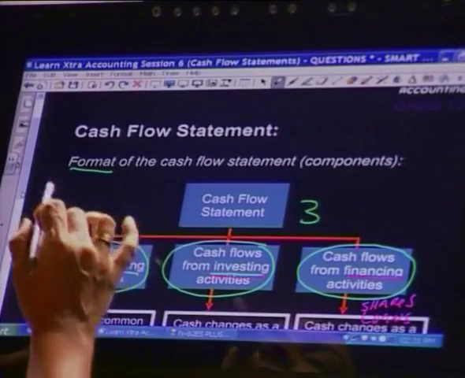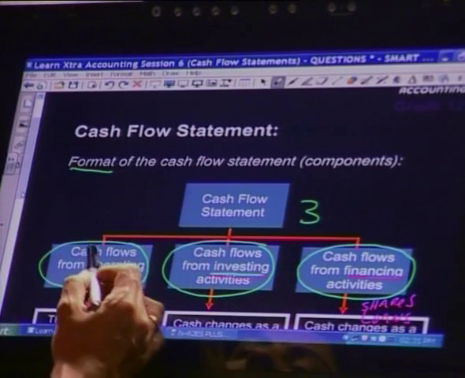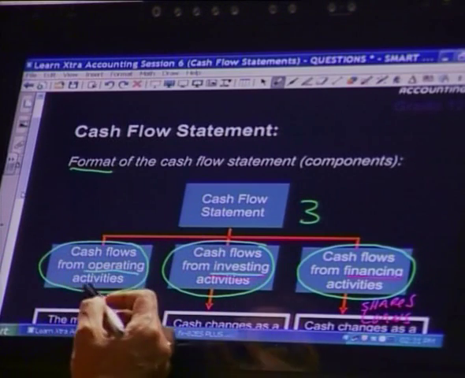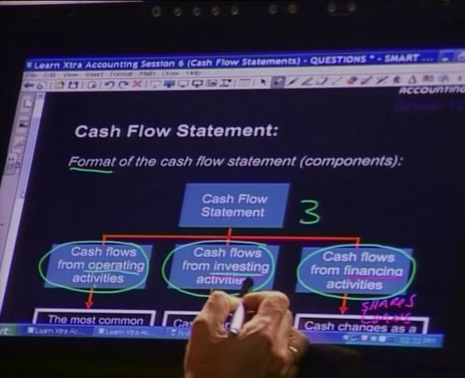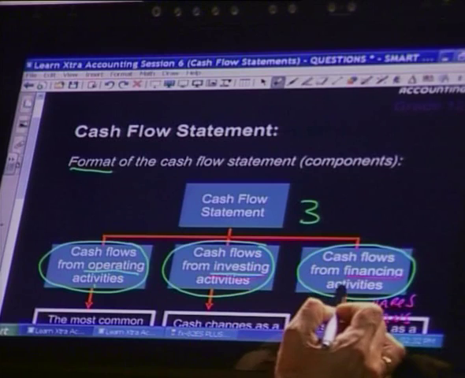Right, grade 12s, to sum up, in terms of what we've just looked at, we've looked at your cash flow statement and the format, which is made up of the following three components: cash flows from operating activities, cash flows from investing activities, and then finally cash flows from financing activities.